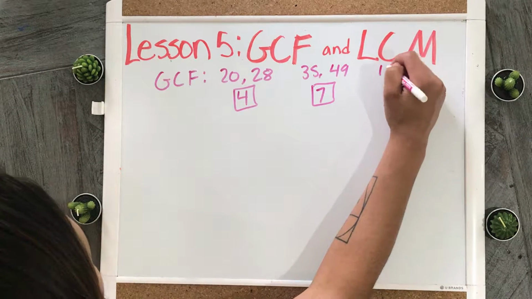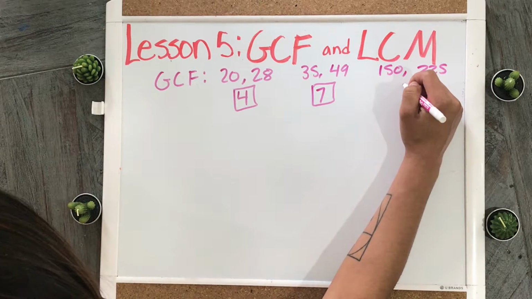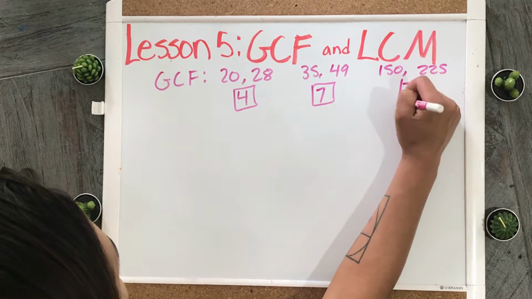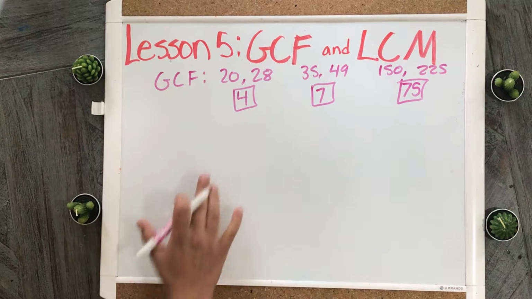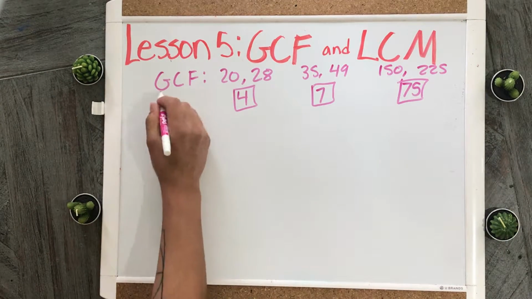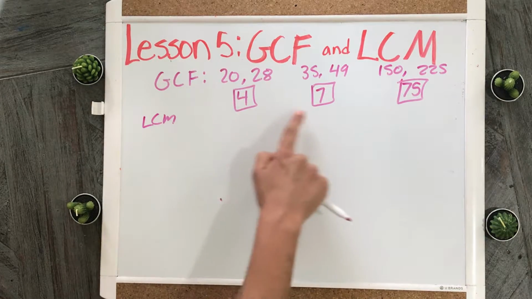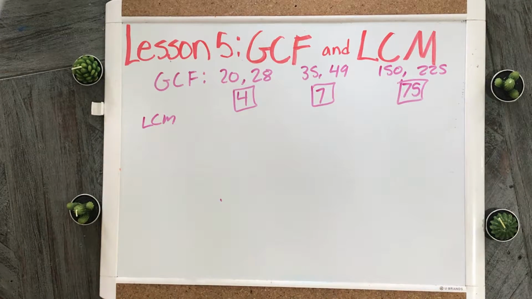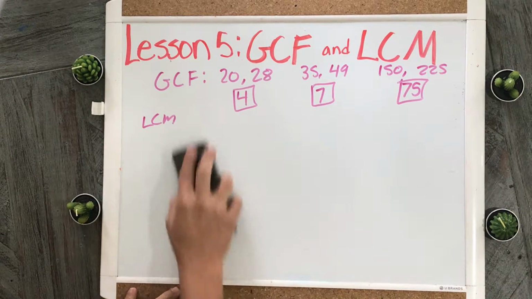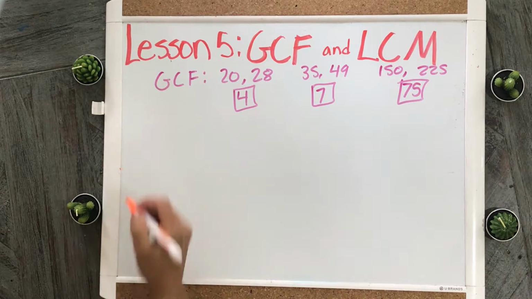And the GCF for 150 and 225 was 75. Okay, so remember that word from that definition, divide. I told you that if we're looking for both the GCF and the LCM of these numbers, the GCF will be smaller numbers and the LCM will result in larger numbers. Let's see if I'm lying to you. All right, so let's find the LCM now.